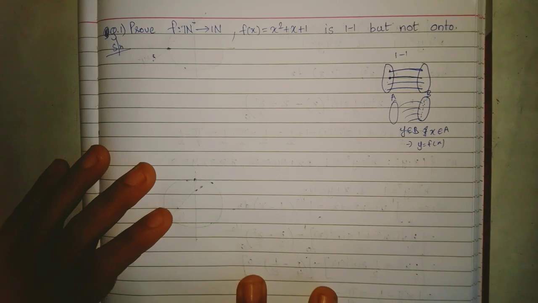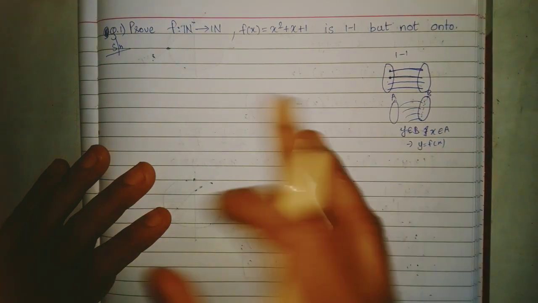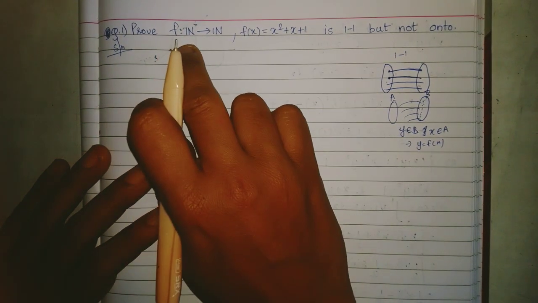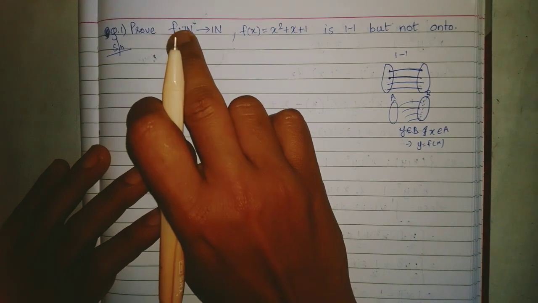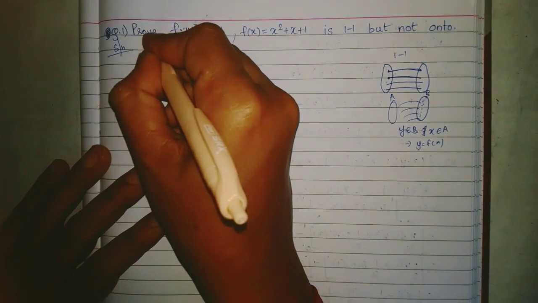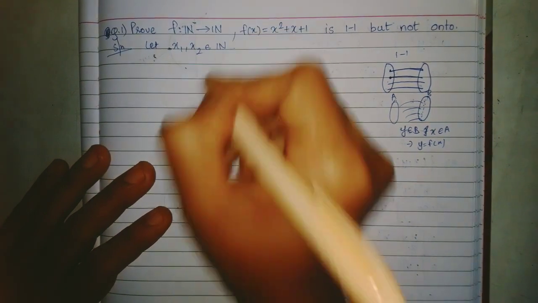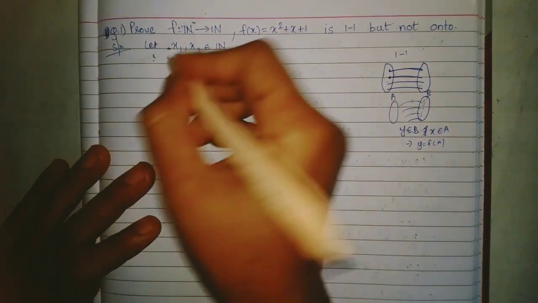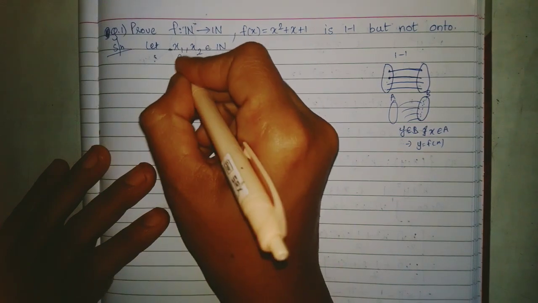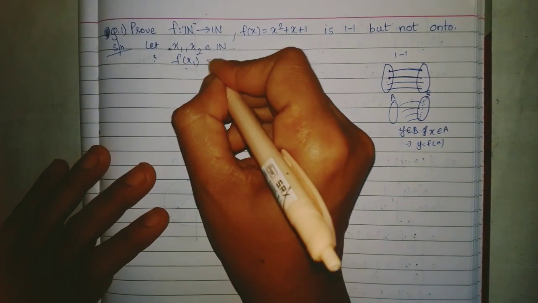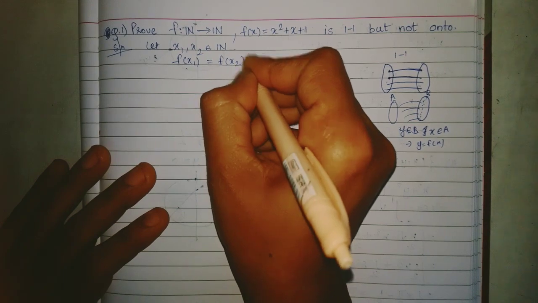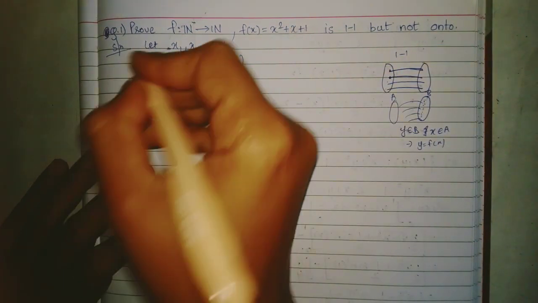To prove one-one, you have to take two elements from our A set, that is our natural number set. Let's say x1 and x2 belong to N. Starting from f of x1 equal to f of x2, we have to show x1 equal to x2.